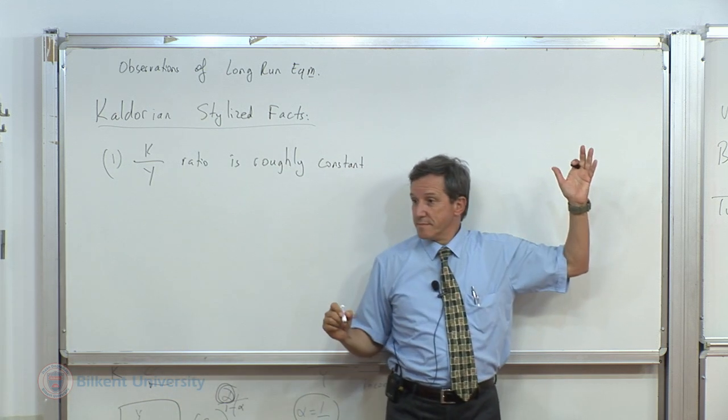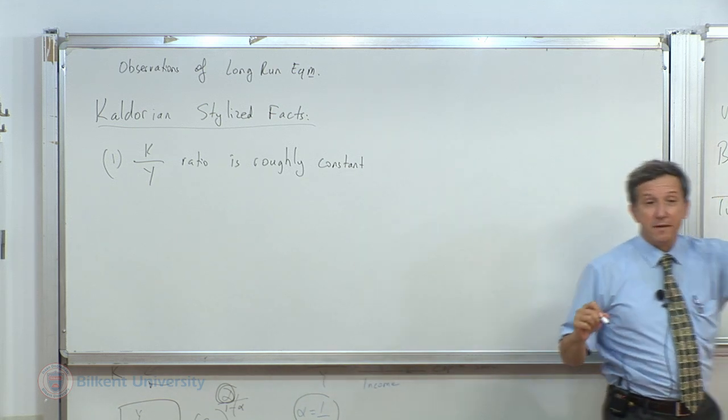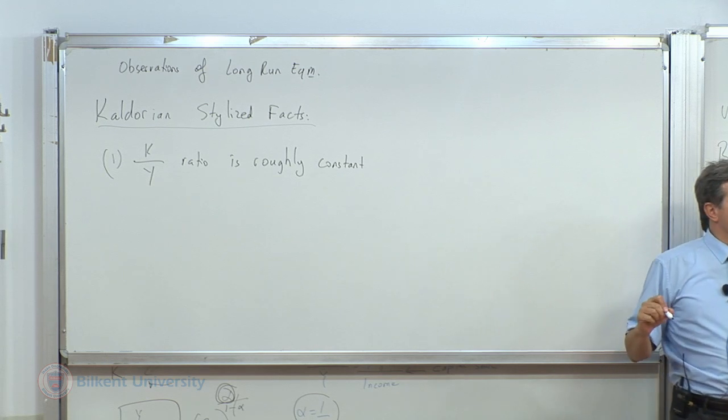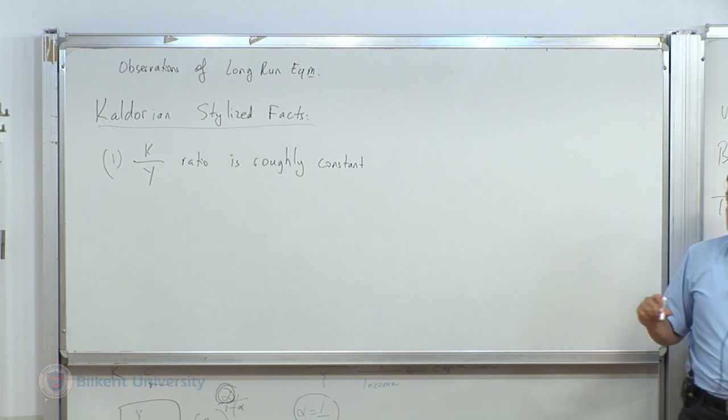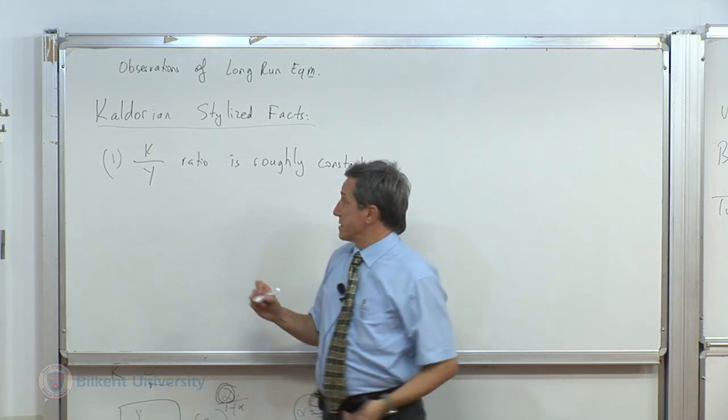Sorry, V, capital output ratio, over a bunch of countries over years.